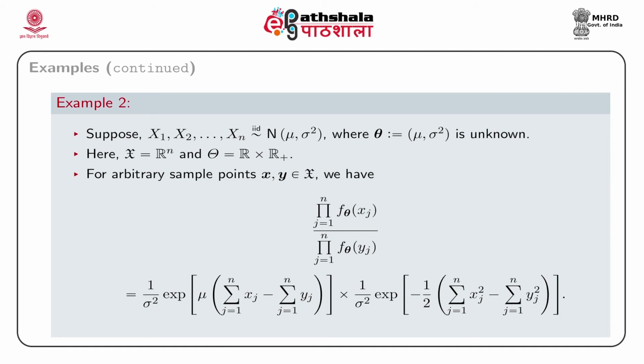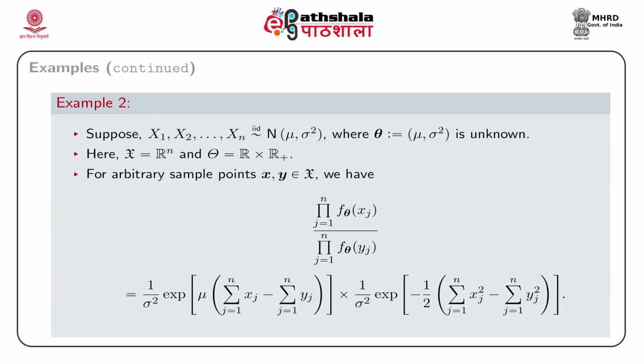After some algebraic manipulations, it reduces to the form e to the power mu into (summation x_i minus summation y_i) divided by sigma square, into e to the power minus half into (summation x_i square minus summation y_i square) divided by sigma square.